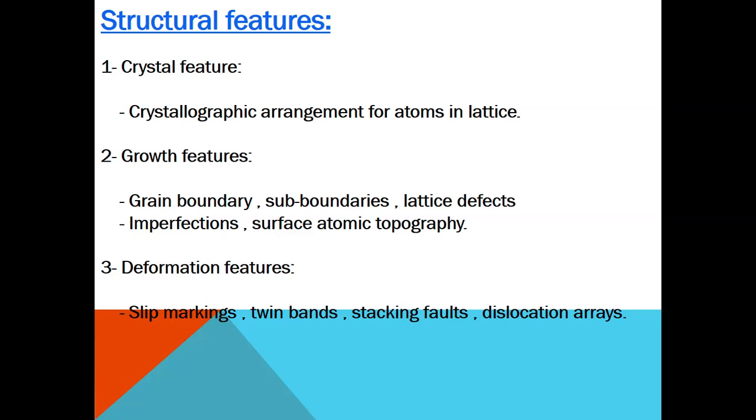Number 1, crystal feature: the crystallographic arrangement of atoms in the lattice. The heterogeneous nature of a metallic material's surface leads to sites of corrosion, and the susceptibility of these sites to the environment provides regions of corrosion.